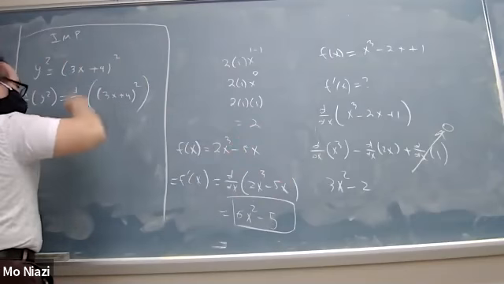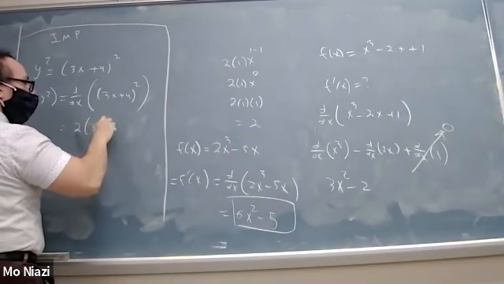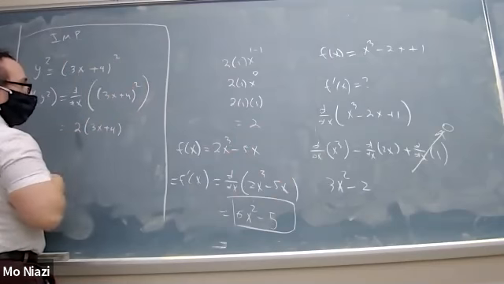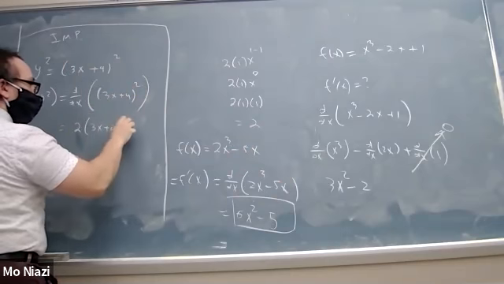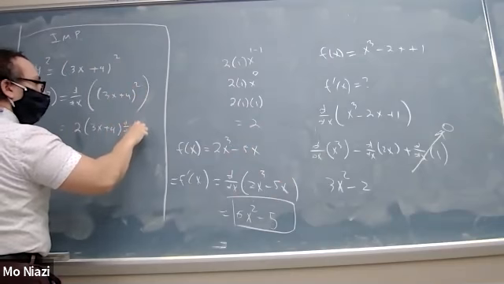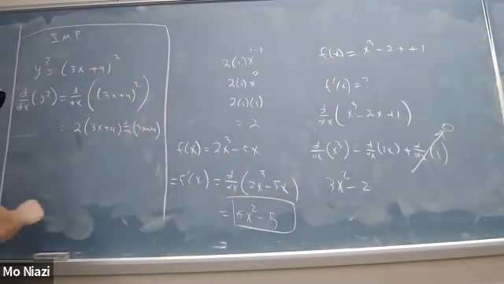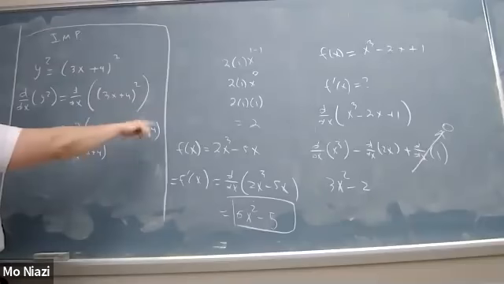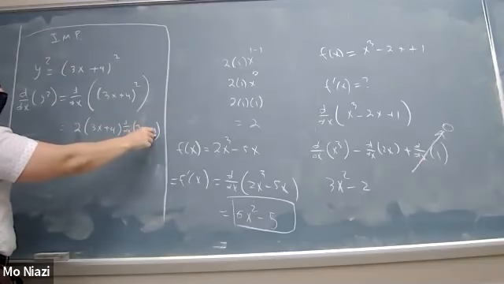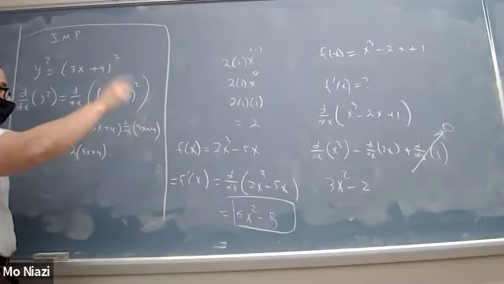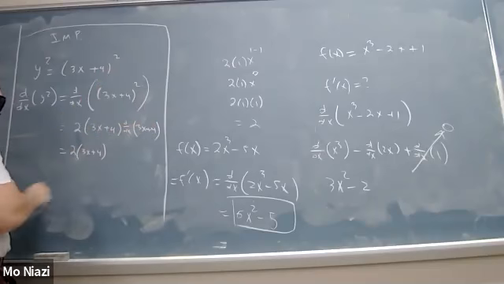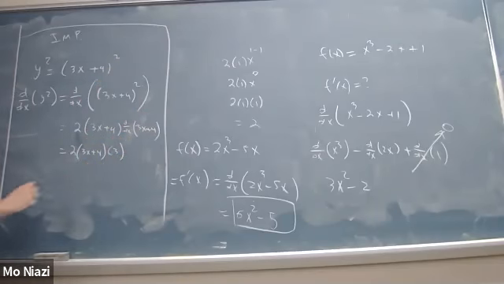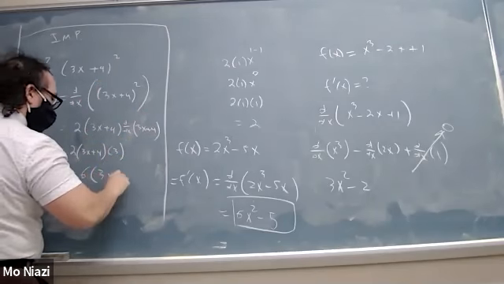So we bring the power down, 2 times what's here, everything raised to the 2 minus 1. 2 minus 1 is 1, so we'll just leave it like that. But we got to use the chain rule, d dx of the inside. So this becomes 2 times 3x plus 4 times the d dx of this inside. When the d dx meets the 4, it's just a constant, so it's a plus 0. That goes away. When the d dx meets the 3x, the x goes away, so this is just a 3. So this reduces to 6 times the quantity 3x plus 4.